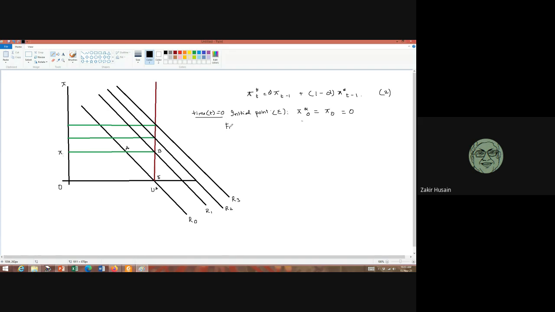Then we have the fiscal and monetary changes, and pi 1 becomes positive.